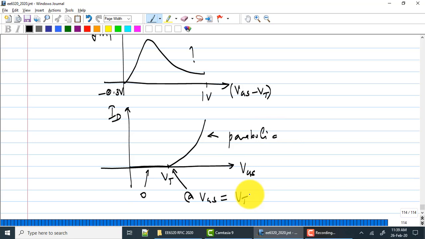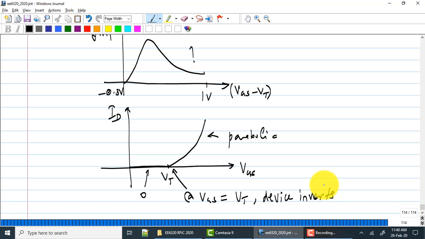And we assumed that at VGS less than VT, no inversion is possible. Unfortunately, if you take an actual device and look at the characteristics, you can plot it in the log-log scale, for example, and then you will find that the current is not exactly zero.